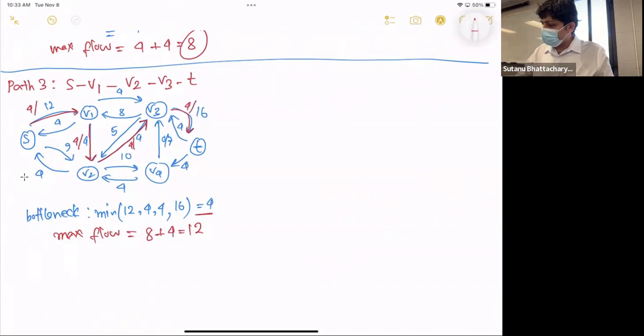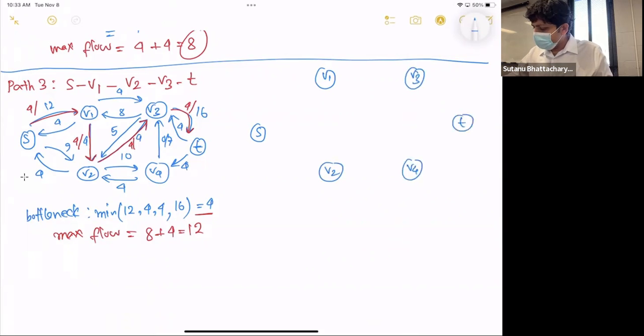So draw the corresponding residual graph. This would be 8, and the back edge would be 4.